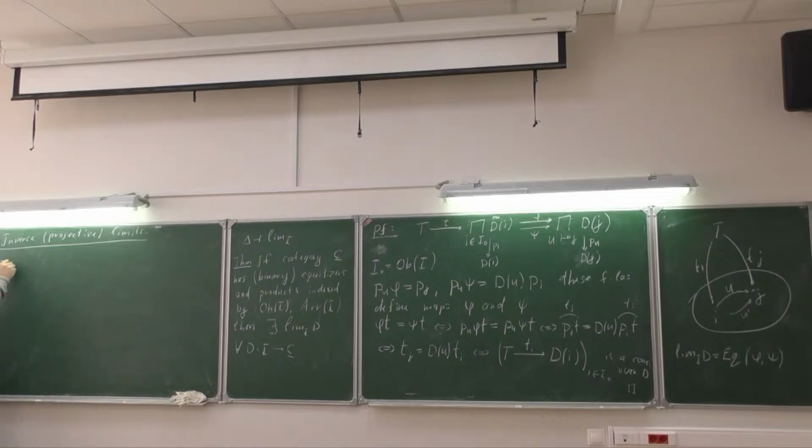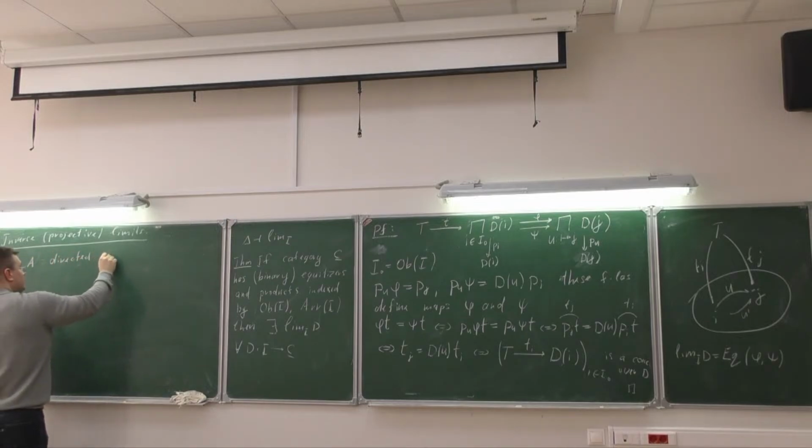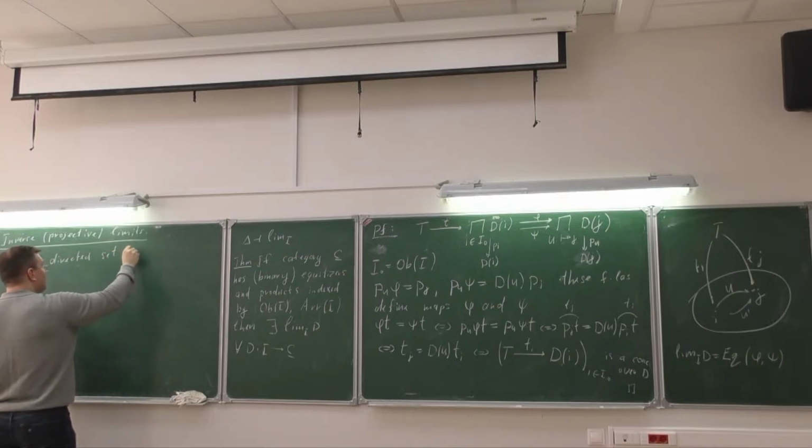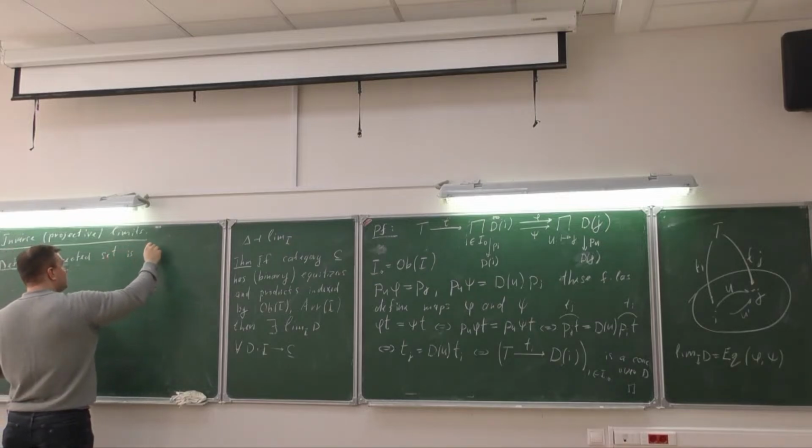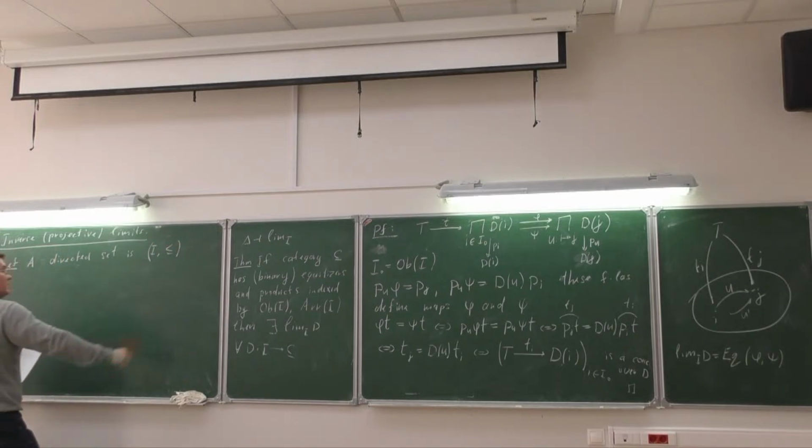So definition, a directed set is a set with a binary relation that I'm going to denote less or equal such that it satisfies three axioms. First, the trivial one, I is not empty.